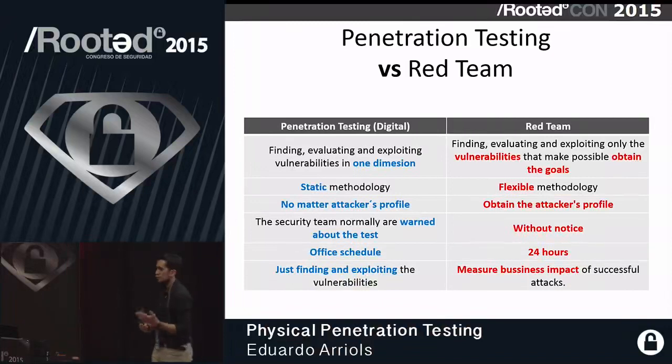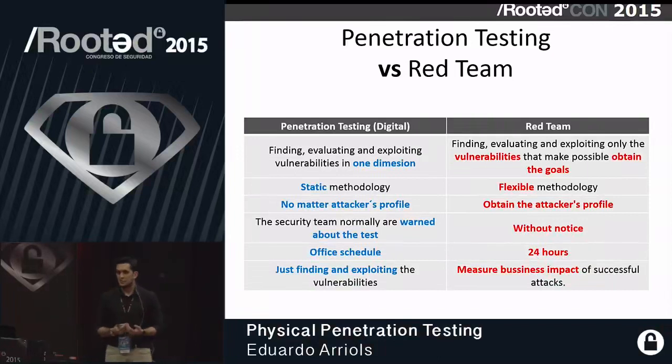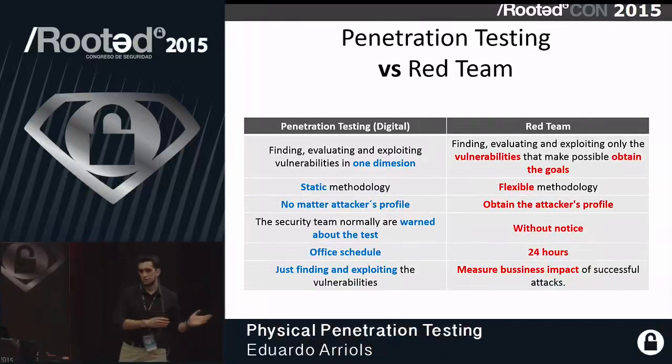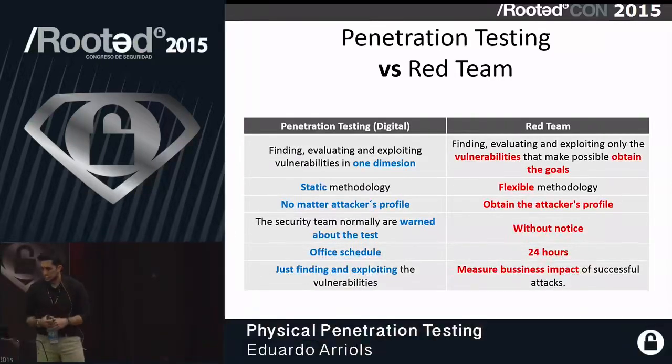Penetration testing tells you about all the vulnerabilities, the paths to follow, but it doesn't tell you about the profile of the attacker. But when you do red team, at the end you know the attacker's profile. And it tells you so according to the vectors that have been used, technology, knowledge, etc.